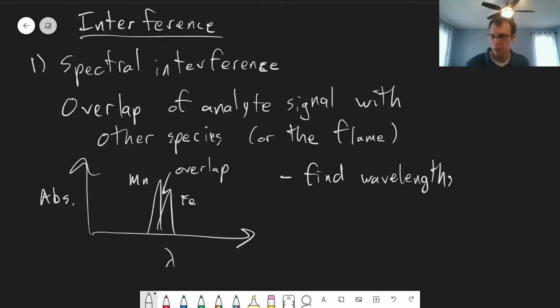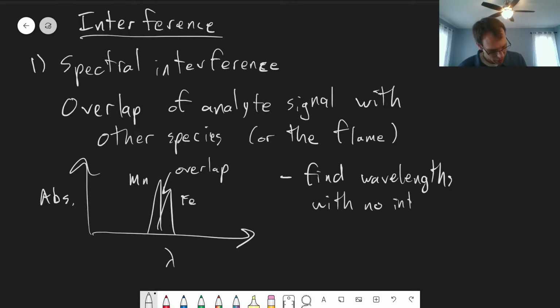Because pretty much all atoms have many different wavelengths that they will absorb or emit light at, you have your choice. You can find something that's far away from anything else that's going to be present in your sample. So find wavelengths with no interference.